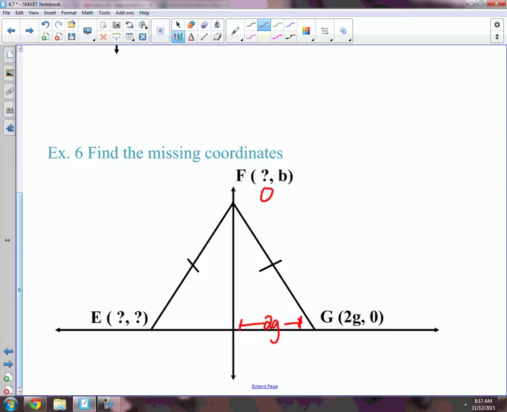So when we figure out our x-axis and we figure out how far this has gone, it's gone 2G. But because it's gone this way, negative 2G is that part. And then how high up has it gone? 0. There we go. That's our section. Not too bad, right?